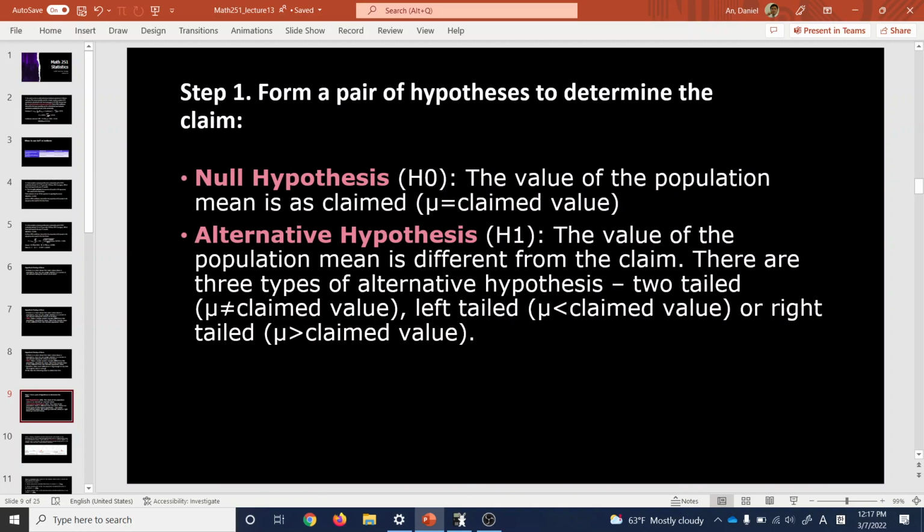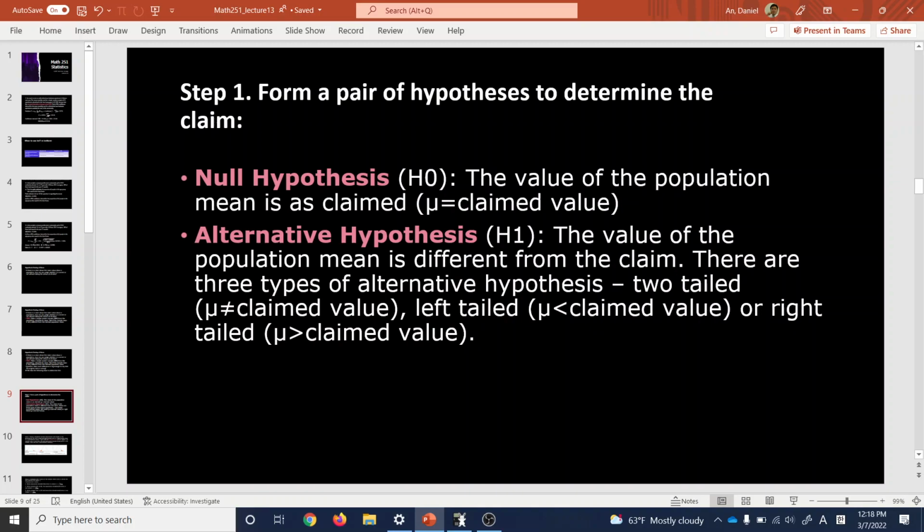And in all cases, the null hypothesis is written as the average equal to the claim value. That's always how the null hypothesis is written. Yes? Is the null going to be given to you? Well, it's a word problem, so the null is not going to be explicitly given to you. You have to figure it out.